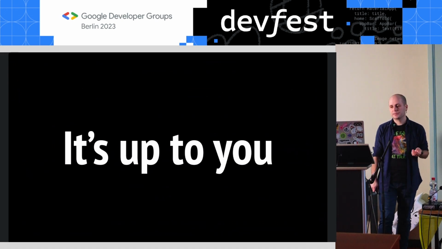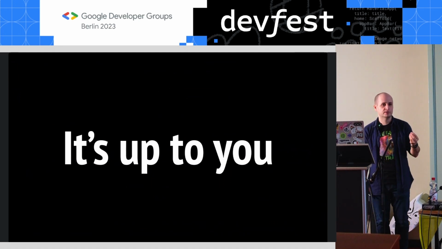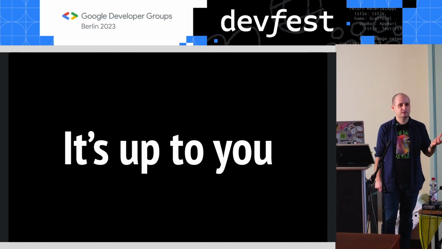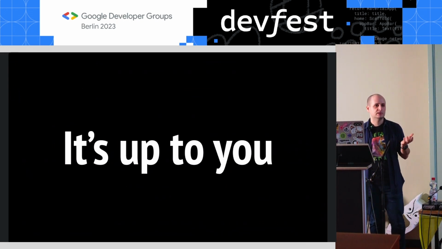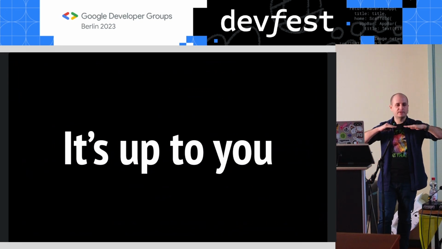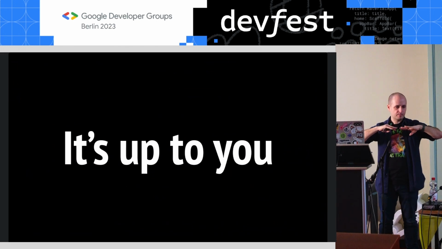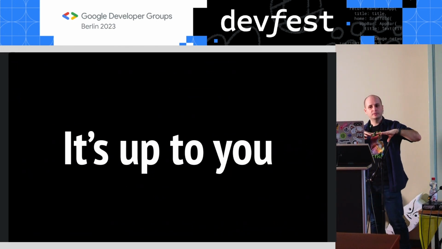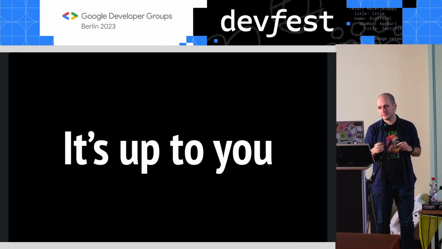So it's always up to you to judge whether baseline is good for you or not. It's been like that all the time, and baseline is not going to change it. But it might help you to understand the very foundation, the very baseline of the web platform, so you can make your own decisions better based on that.